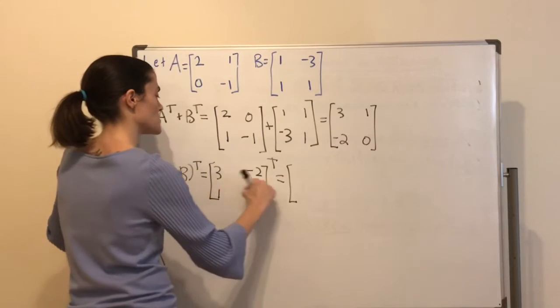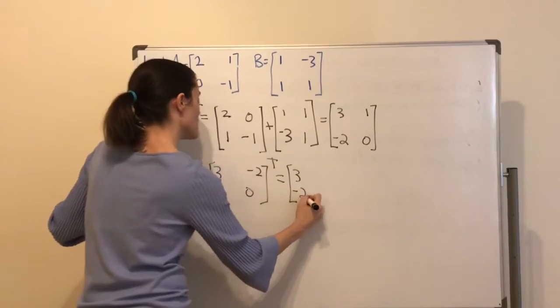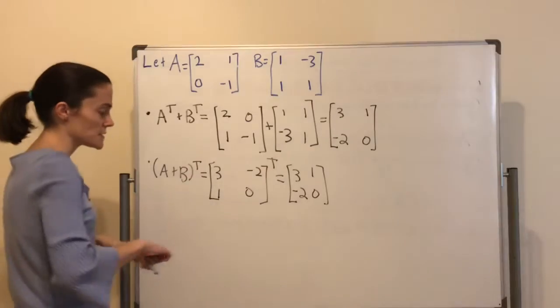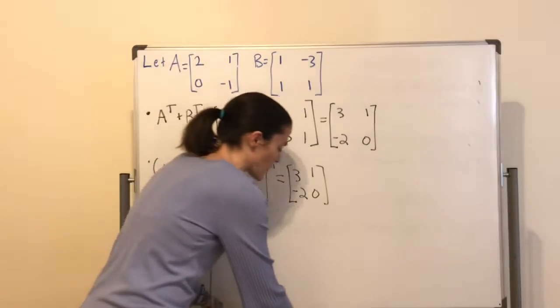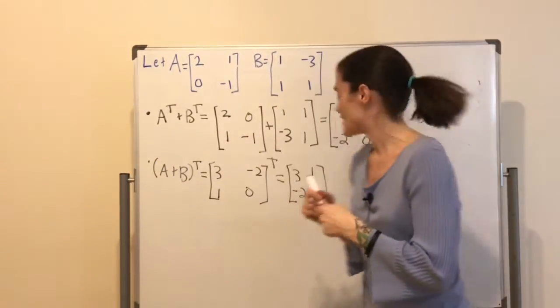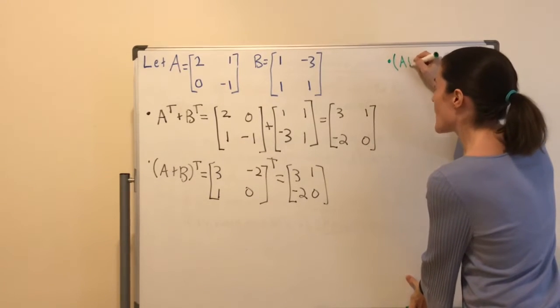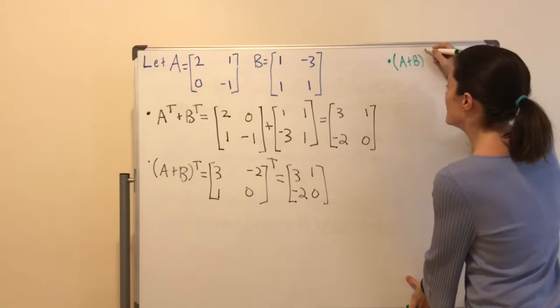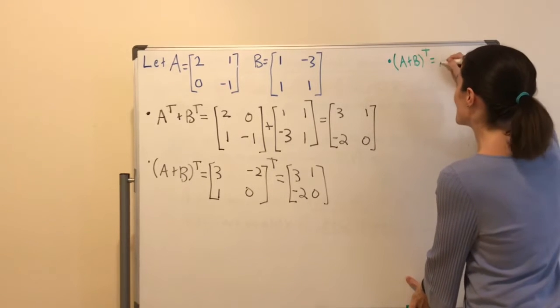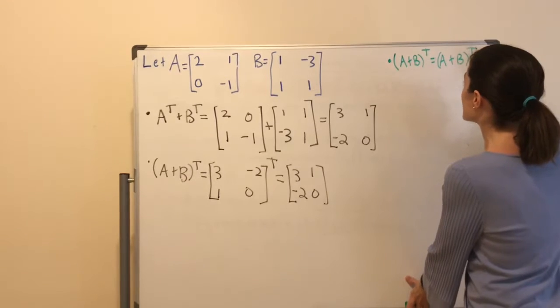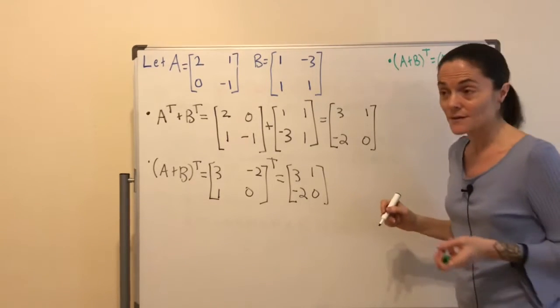This row becomes this column, and this row becomes this column. And you see, in fact, these two are equal, and this is a property in general. This holds not just for square, and not just for 2 by 2. This holds anytime A and B have the same size, such that you can add the two.